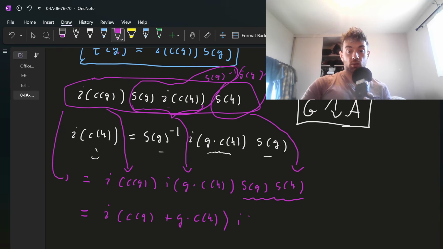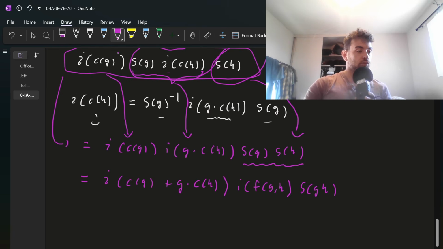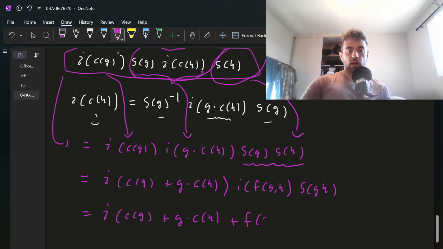It was defined in such a way that this should be f of gh times s of gh, right? That was just the definition of f from the previous video. And again, applying the fact that i is a homomorphism, I find that this is i of c of g plus g acting on c of h plus f of gh.